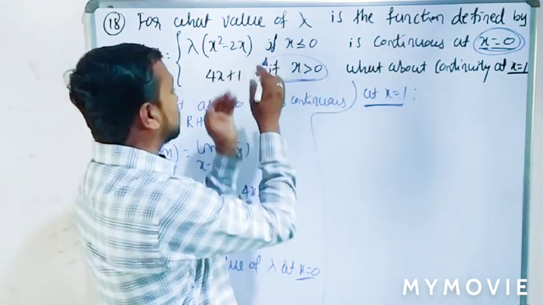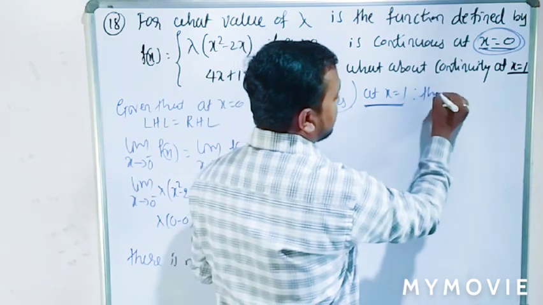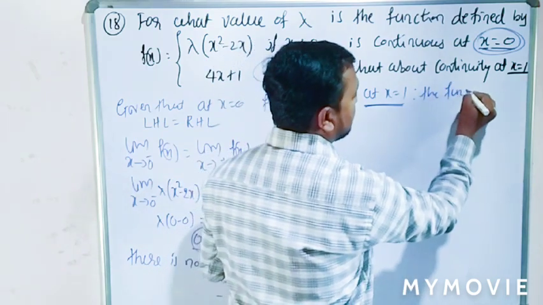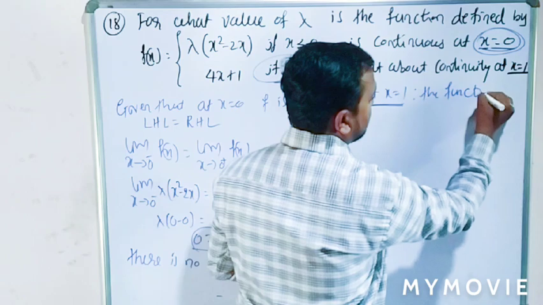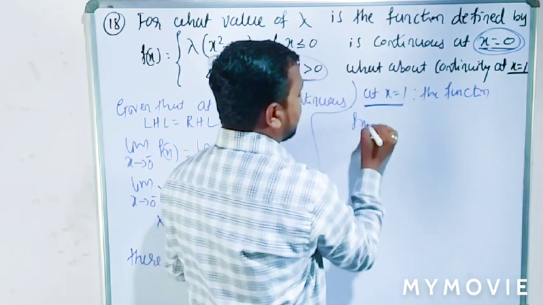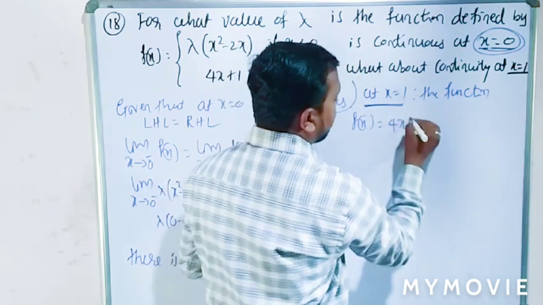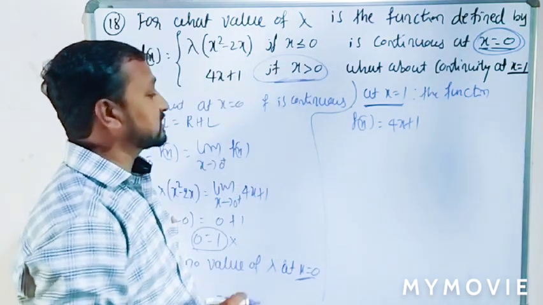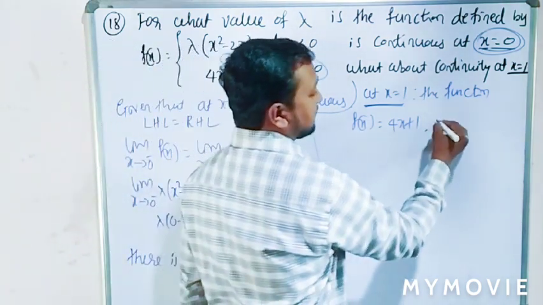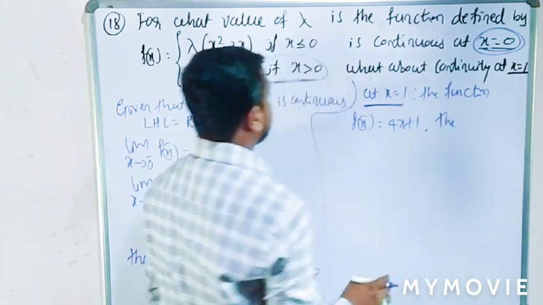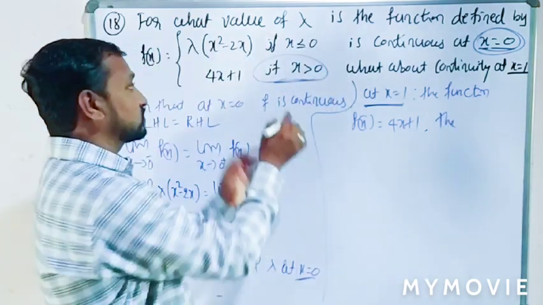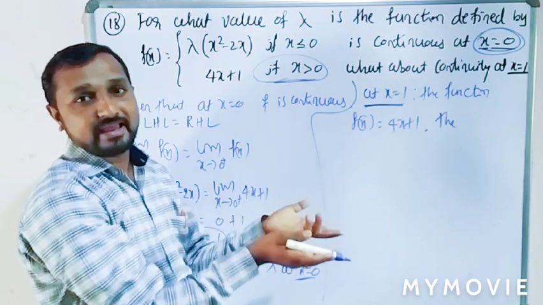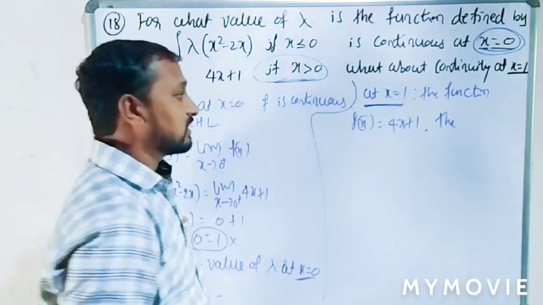Okay, so at x equal to 1, the function f of x is equal to 4x plus 1. Is that clear? At x equal to 1 the function should be f of x equal to 4x plus 1. Here there is no RHL and no LHL, so only one function is there. So we can apply limit function is equal to constant function.